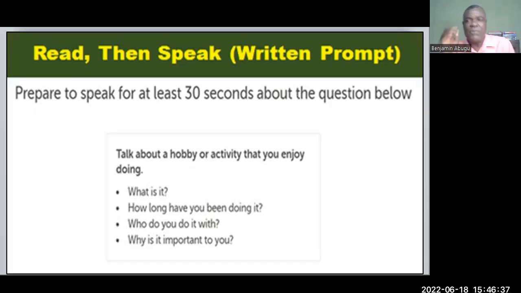You see, you have zeroed in on one particular activity. And then you mention it. You have responded to question 1. And you say, it is singing, all right? Or it is writing, or it is reading, or whatever it is, just name it. What is it? You have mentioned it, but before you mentioned it, you have given some general information about this hobby.